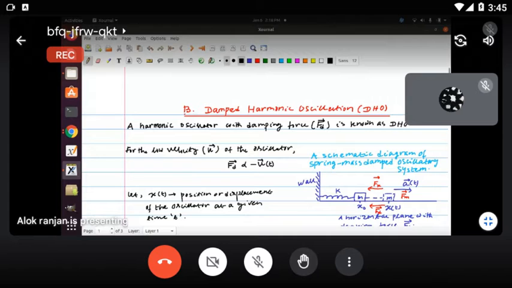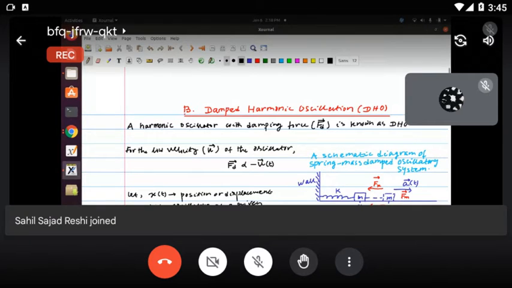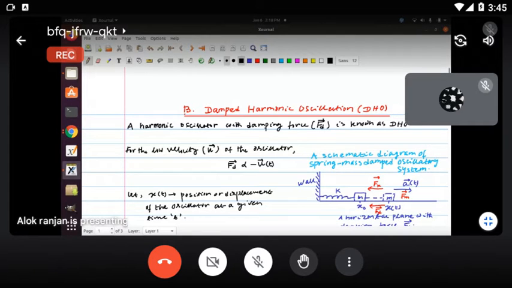Last class we discussed extensively the simple harmonic oscillator by considering a mechanical oscillator, the spring mass oscillator system, and the pendulum.